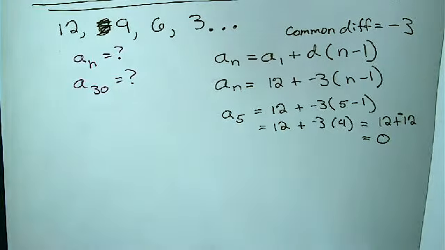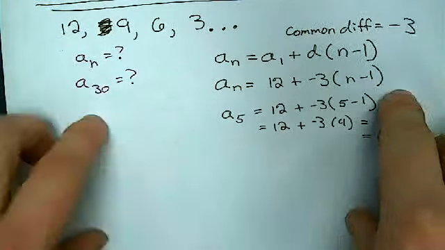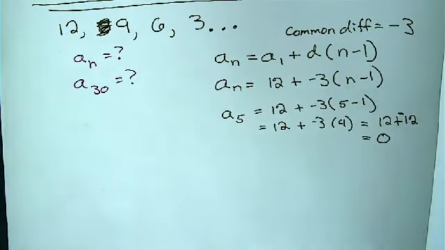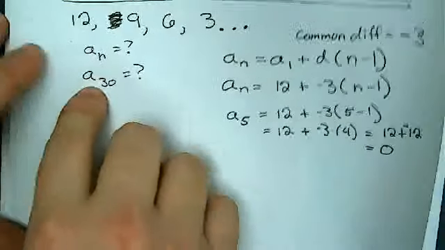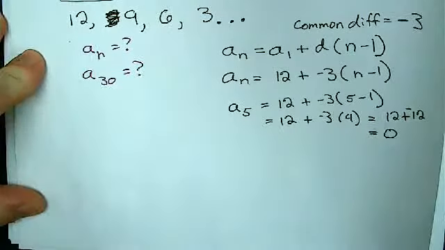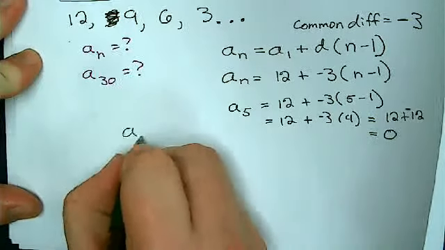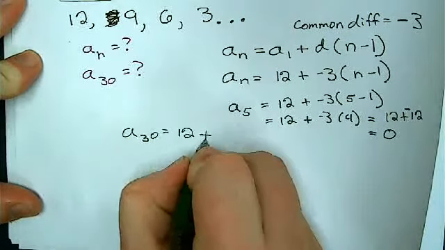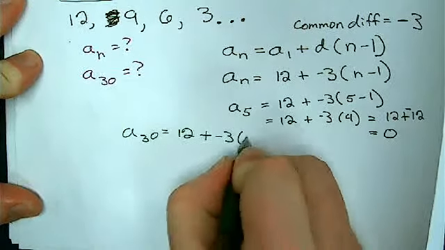Guys, now that I've got my general rule, did I get your question? You sure? Okay. Let's go after the 30th term. So a sub 30 is going to be, I started at 12, and then I'm going to do a -3 times 30 minus 1.